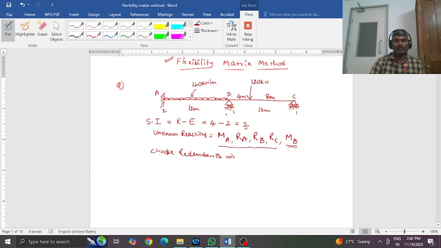If you find any support reactions in excess of those, we call them redundants. I have got so many reactions given here, but this number says there are 2 reactions in excess of those required. So you choose any 2 among these so that the structure becomes determinate.